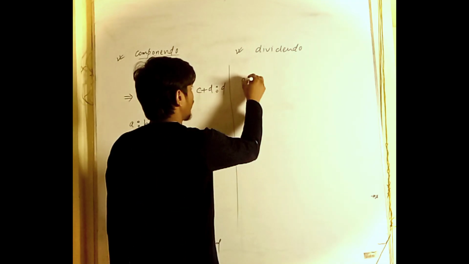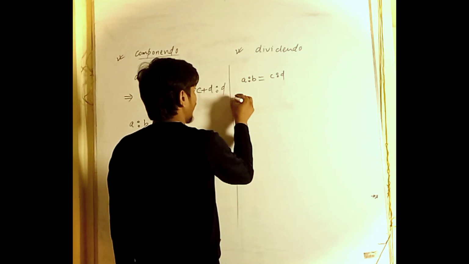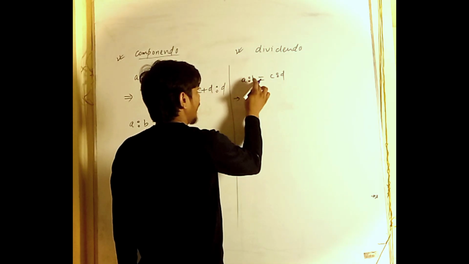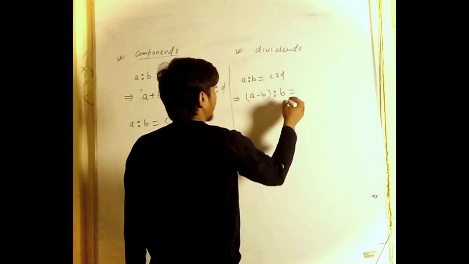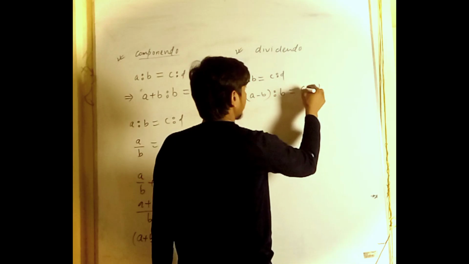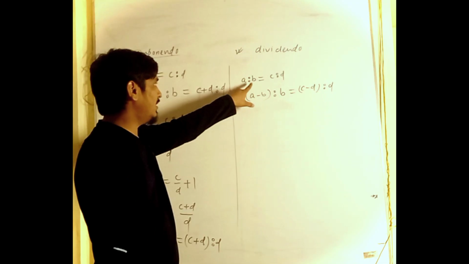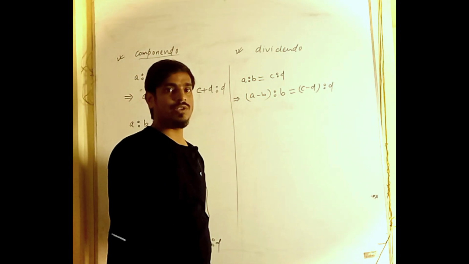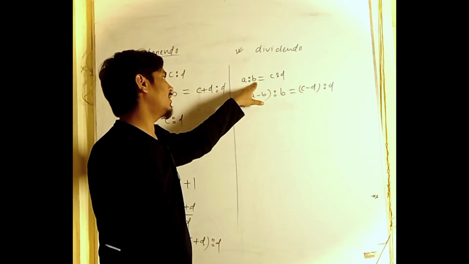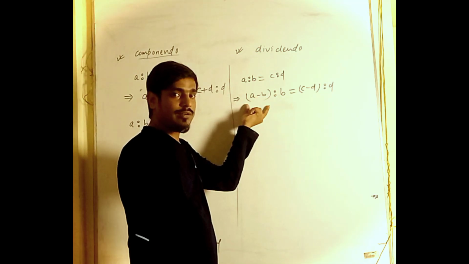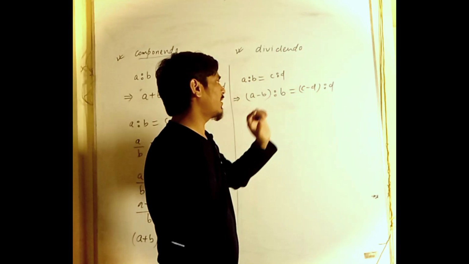So we have the proportion A ratio B is equal to C ratio D. Then dividendo will be nothing but the difference of these two: A minus B ratio B is equal to C minus D ratio D. So if we have the proportion A ratio B equal to C ratio D, with the concept of dividendo we write the difference of the antecedent and consequent in the antecedent, keep the consequent as it is, and on the other side also we write the same way.